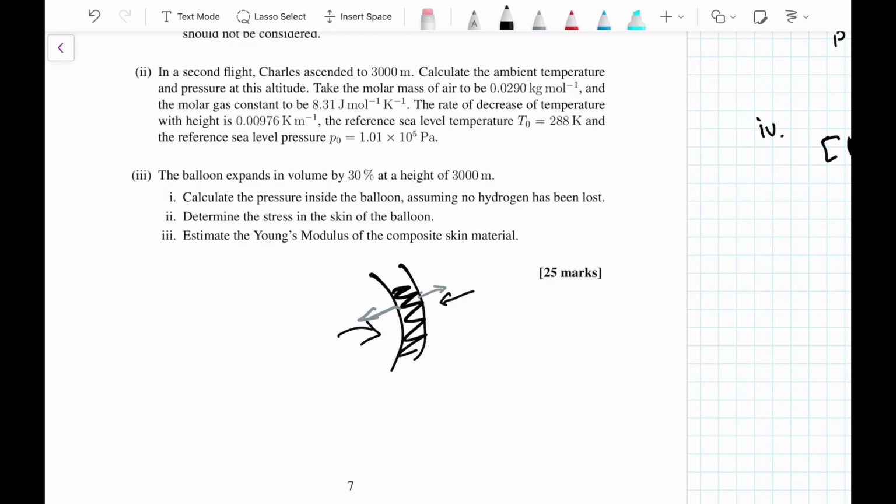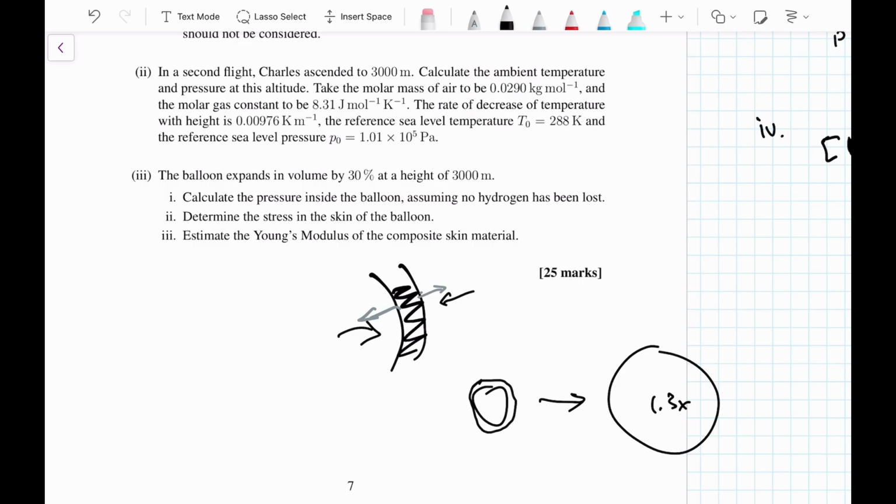So how do we relate this to the initial? Okay. So I think what we can say is that we assume the balloon is a perfect sphere. And then it essentially increases by 1.3 times, 30%. And I suppose what we can say is that the balloon is something like this.